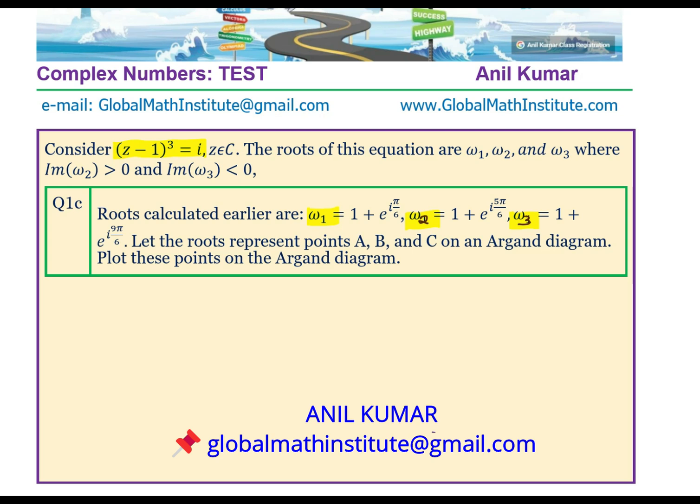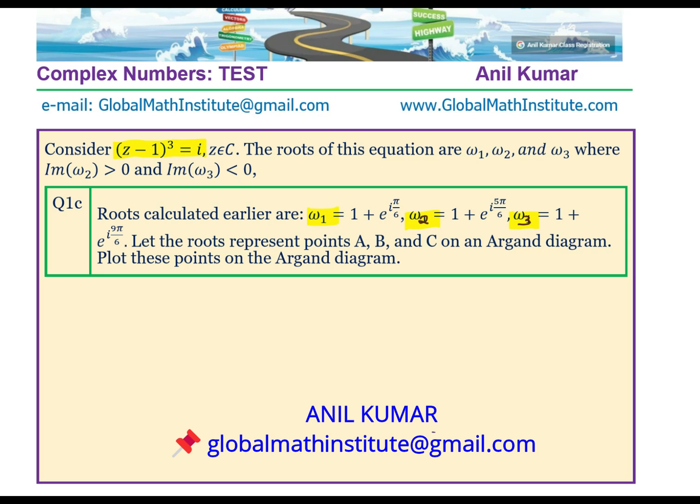Omega 2 is 1 plus e to the power of i 5 pi by 6. Omega 3 is 1 plus e to the power of i 9 pi by 6. Now, an Argand diagram really means that we sketch on the real and imaginary axes, a 2D plane, to find where these roots are located.